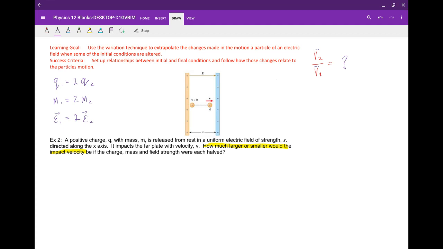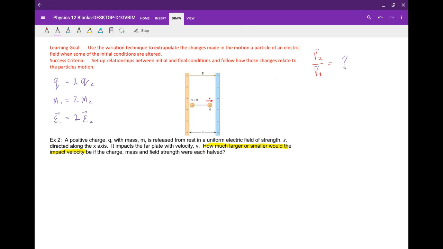Because in the second scenario, the charge 2 is half of charge 1. So if you want to set them equal, you can say that charge 1 is equal to 2 of charge 2's, and that's basically what this statement says.